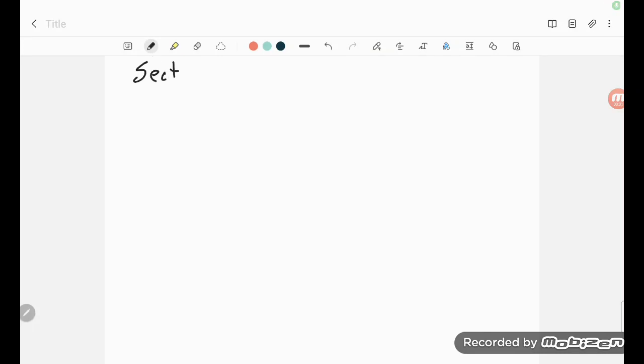Okay, let's look at section 4.10. And in this section, they just start with, remember the quadratic formula. Okay, so they don't make us derive it or anything like that.